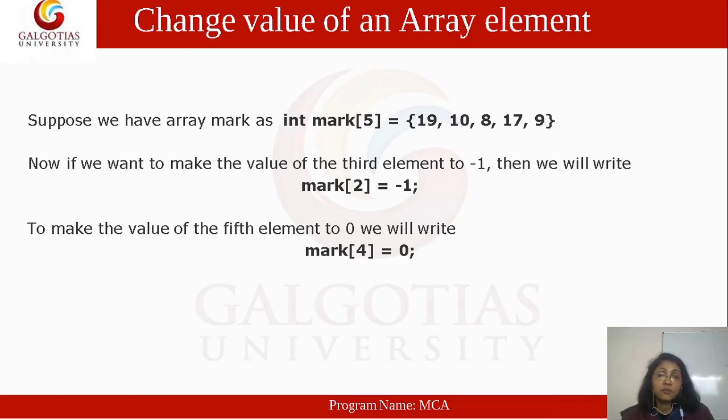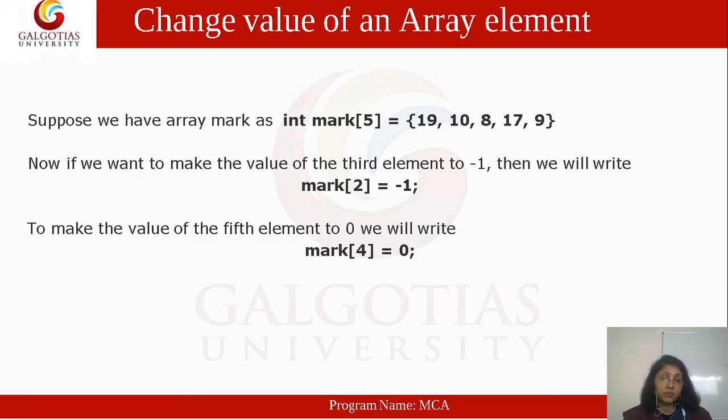But if you want to substitute a different value in the third element, then you can write mark[2] equal to -1, and then 8 will be replaced by -1. Similarly, if you want to substitute the fifth value with 0, then you can always write that.